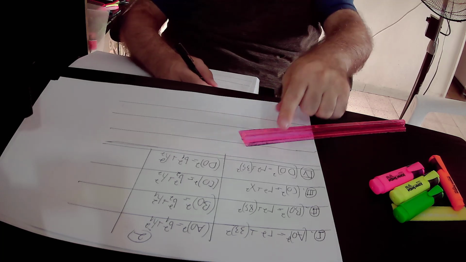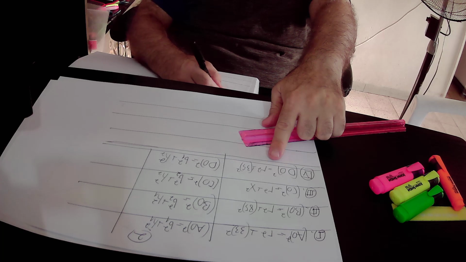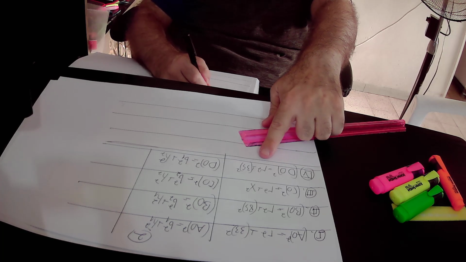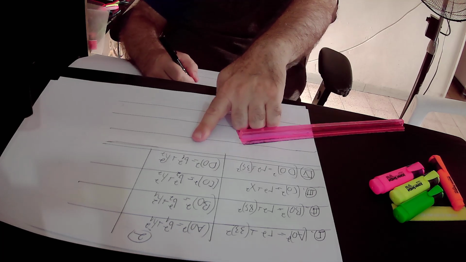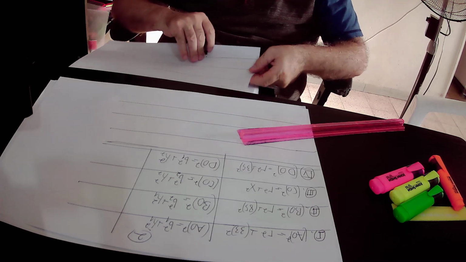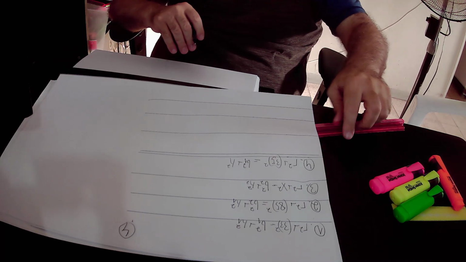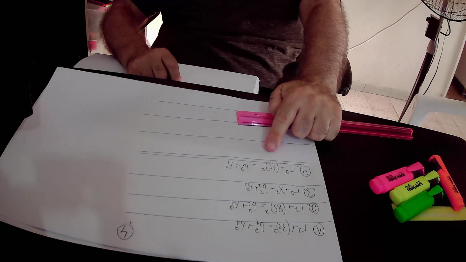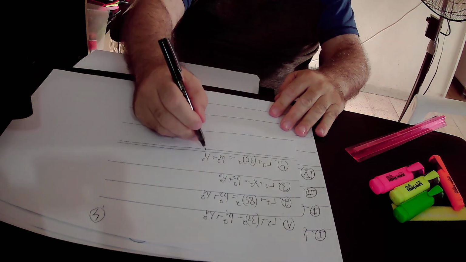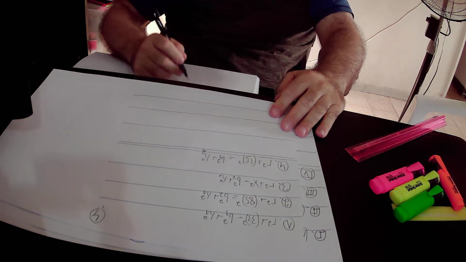So DO square according to equation number 1 equals R square plus 35 square, and it must be equal to DO square according to equation number 2, that is equal to B1 square plus H2 square. So in conclusion, we found out that according to equation number 4, R square plus 35 square equals B1 square plus H2 square.